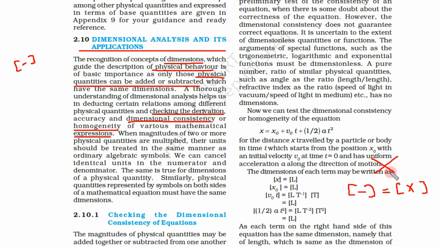The right hand dimension must be equal to the left hand dimension. In this way we can check formulae with the help of dimensional analysis, that is, whether a formula is correct or not.